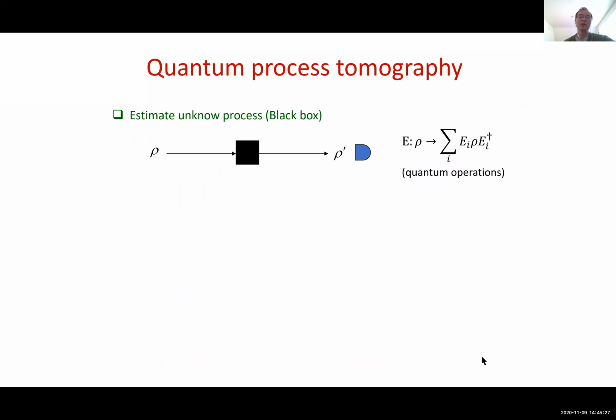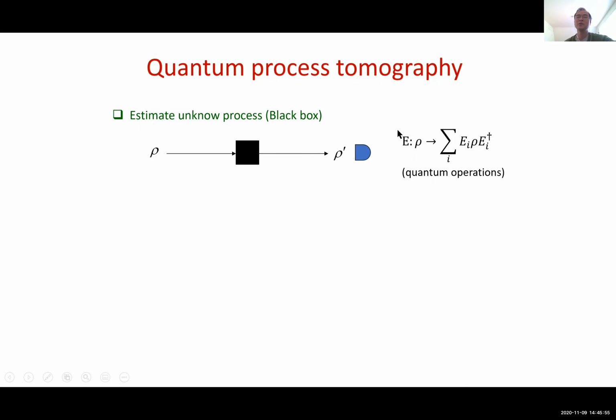We talked about measuring the state, but the next tool, quantum process tomography, is to determine a process or a black box which is doing something to the state you send in. You have a rho sent in and rho prime sent out. By measuring rho prime, you're trying to figure out the process.